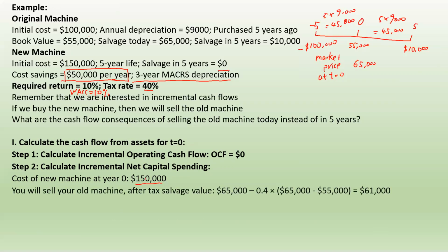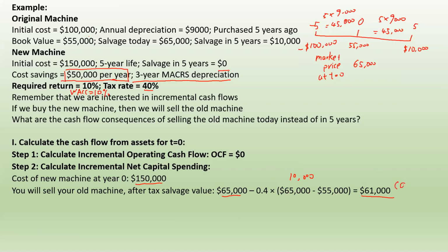And you can sell your old machine and get your after-tax salvage value. Remember, this is the market price. And the profit by selling at the market price is 10,000. So you have to pay 4,000 tax. So the after-tax salvage value is 61,000.